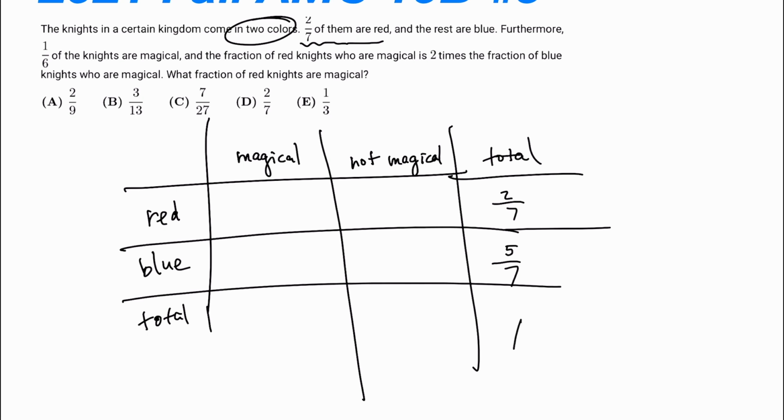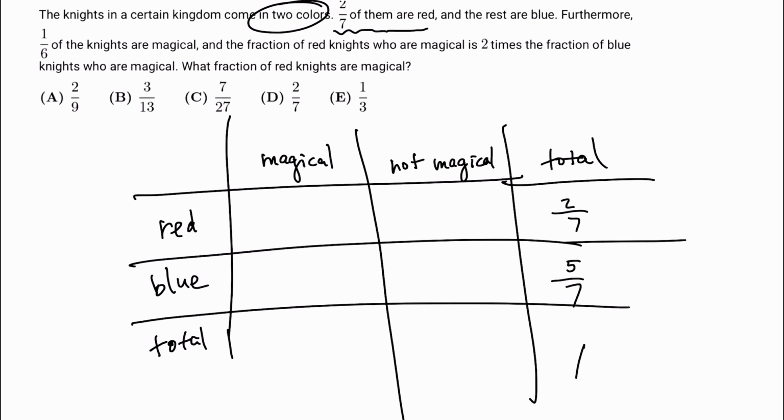Well, let's think about it. This problem, honestly, is worded very weirdly, and I don't like it. I think it is kind of the hardest problem of the first 10 problems, but there is still a way to solve it pretty neatly. The fraction of red knights who are magical.